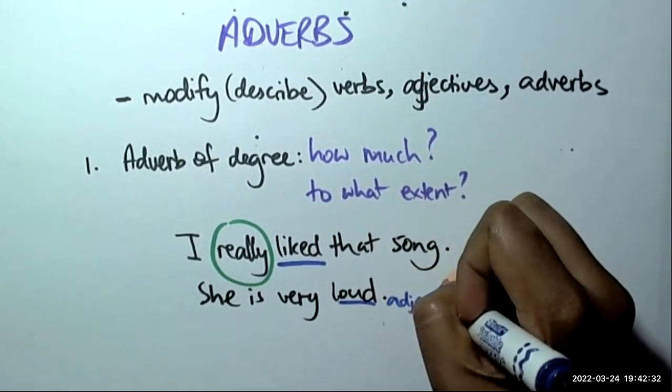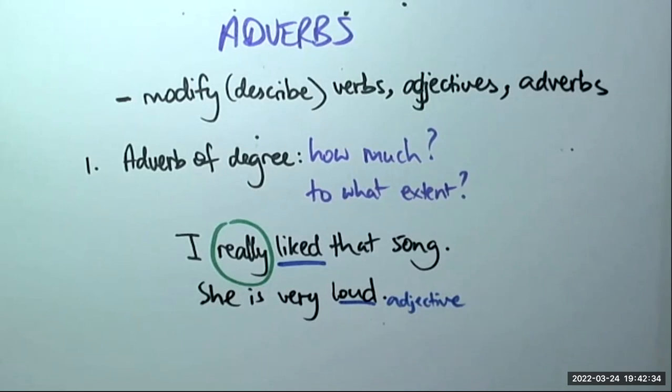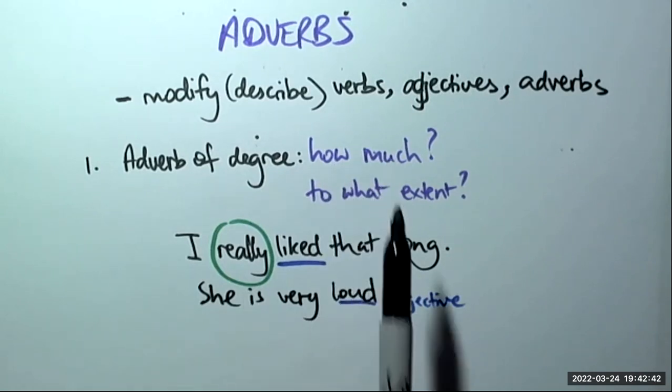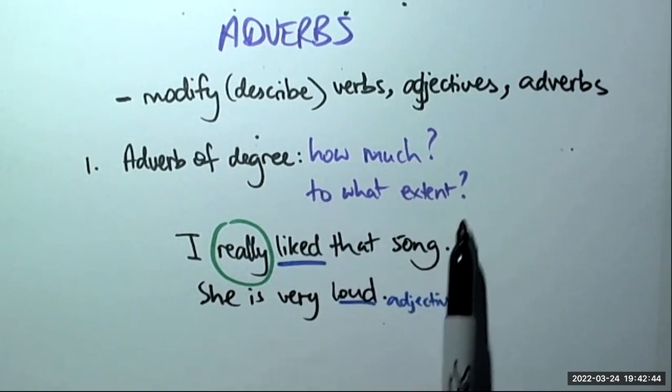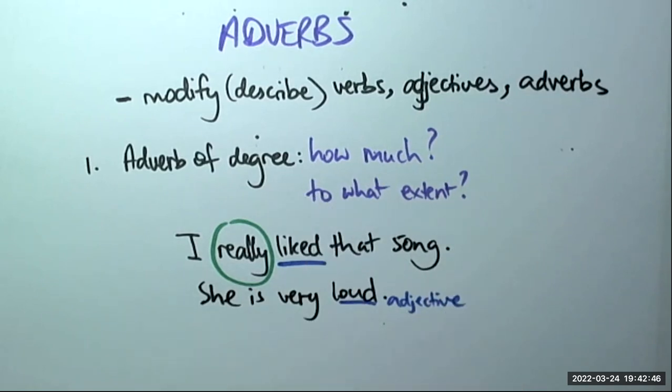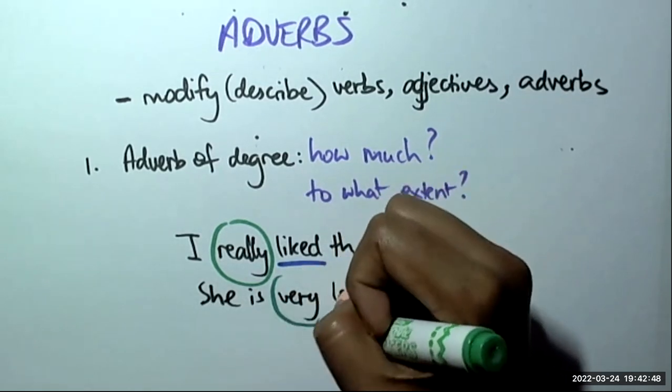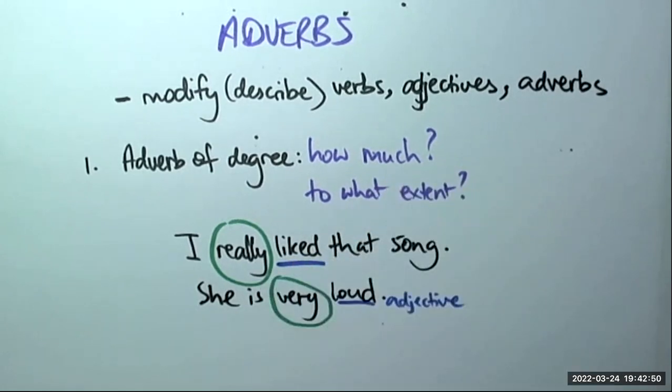We know loud can describe a person, and we saw that the adverb can describe an adjective as well. So we asked that question, how much or to what extent is she loud? She is very loud. So very is our adverb of degree.